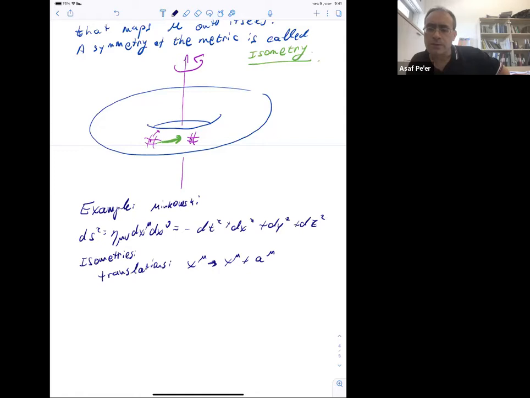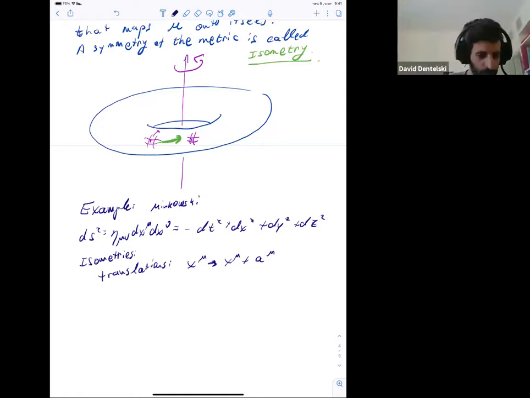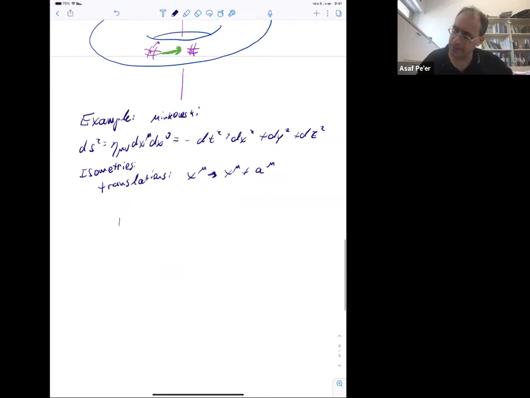Oh, come on, you're not with me. And also rotation. Yes, exactly. Same for 2D space. If I'm standing here, now I can go here. Space is empty, I'm looking around me, I'm seeing exactly the same thing. This is an isometry.